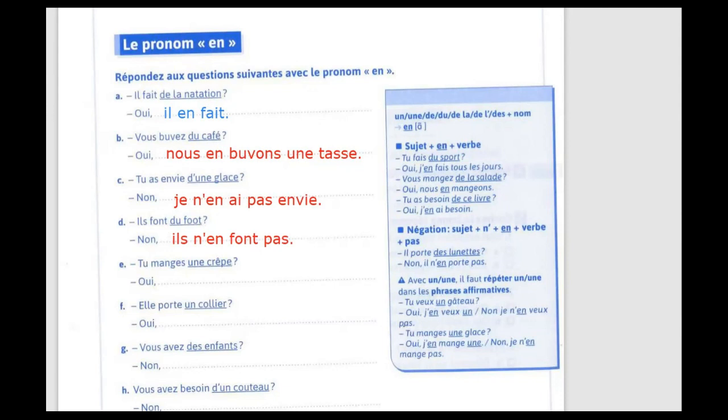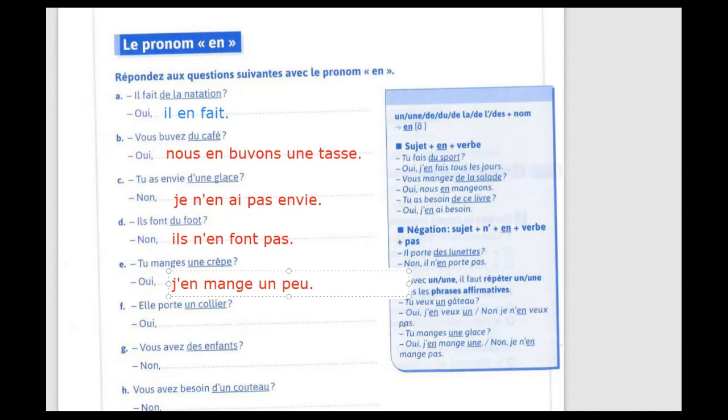So now look here, what is there? There are two things here. Either you eat one whole crepe or you eat some part of that crepe. So you can say oui, j'en mange. This is also correct. Or you can say oui, j'en mange un peu.